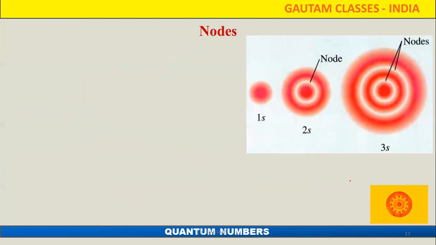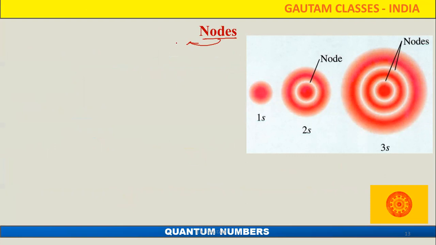Next point is, what are nodes? Like we studied, in an orbital the region where the probability of finding the electron is maximum is called the orbital. What about nodes?